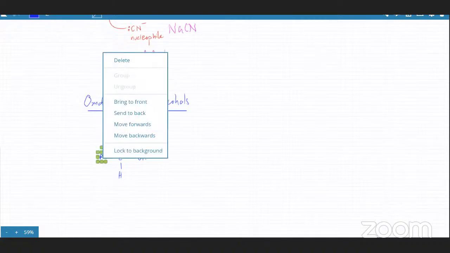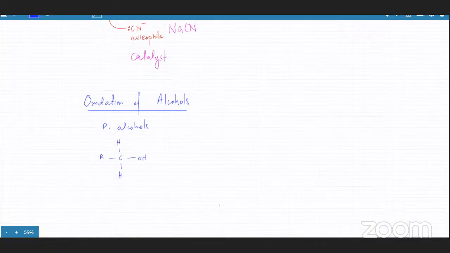So that's a primary alcohol. Now, when you oxidize a primary alcohol, you need an oxidizing agent, which is K2Cr2O7, potassium dichromate 6, acidified, and reflux. You could also use KMnO4 for that. And the color change is orange to green.